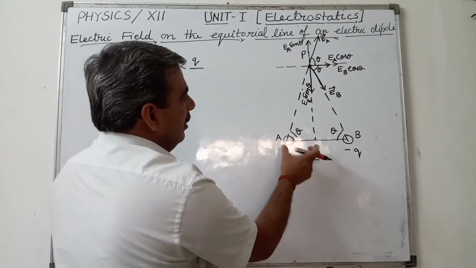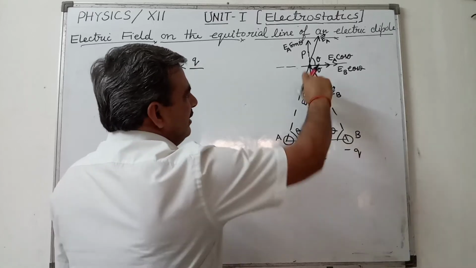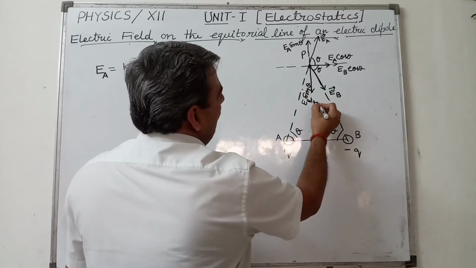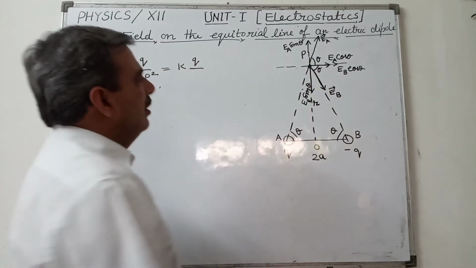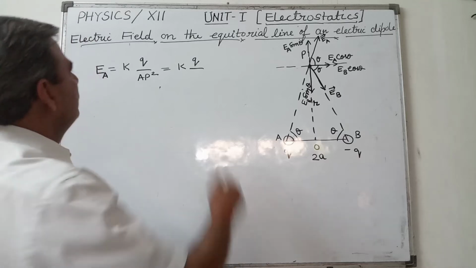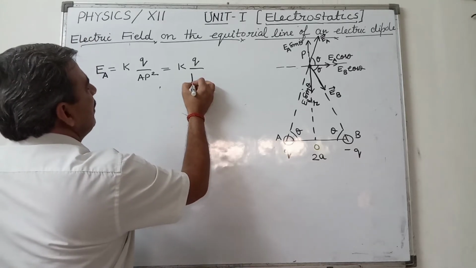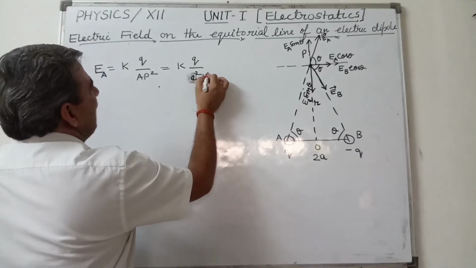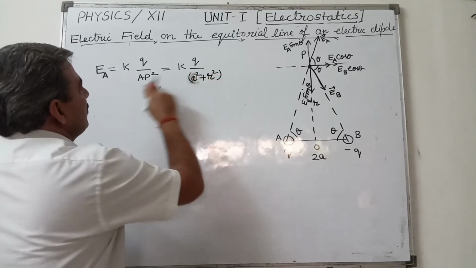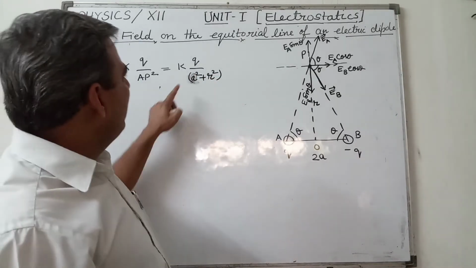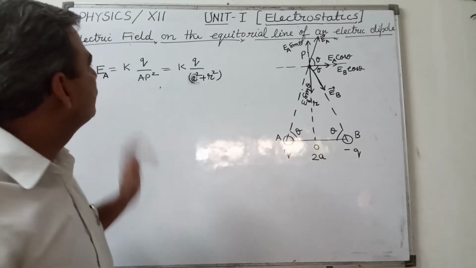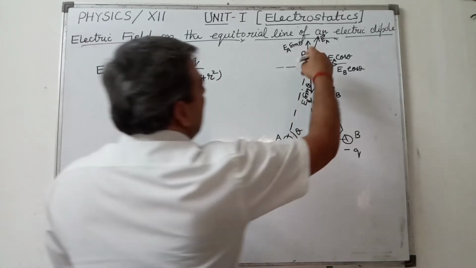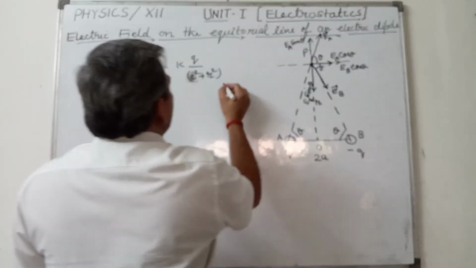This distance is a, this distance is say r. You have AP square as a square plus r square. Because we need AP square, you directly have a square plus r square, there is no root. What is the direction? Direction is along AP. You write here along AP.